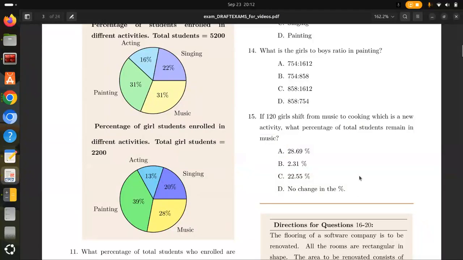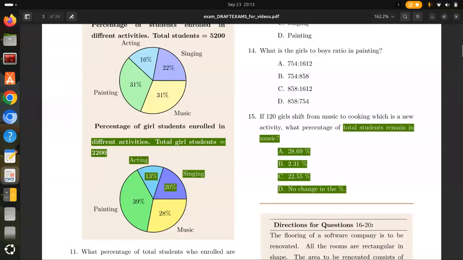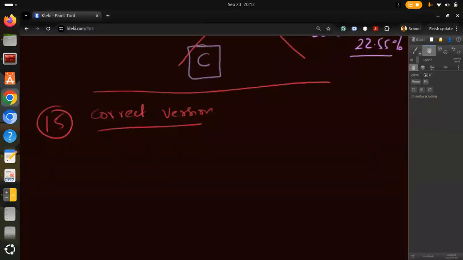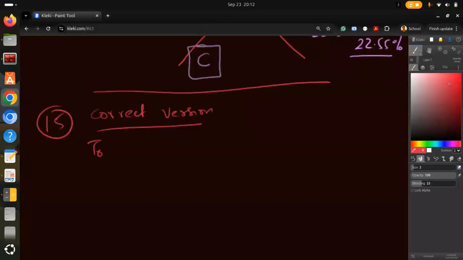Here, if you notice, total students is written. I'll just highlight this point. Not the girl students. I want the percentage of total students remaining in music. So that is the twist in the question. Let us see how to answer this. Total means boys plus girls in music.